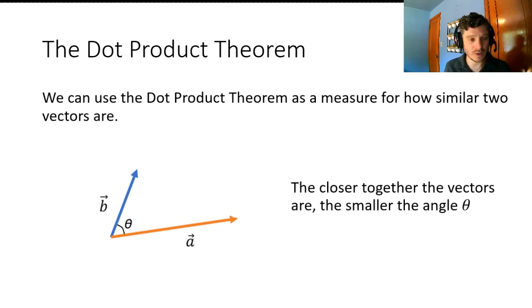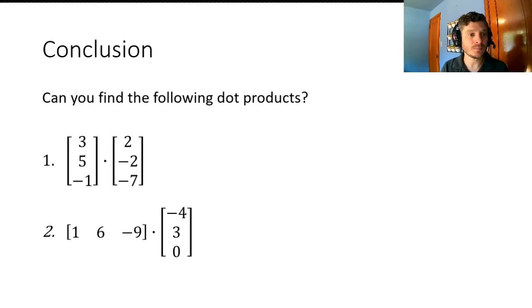And so, in this particular context, the closer together the two vectors are, the smaller the angle theta is. So the dot product gives us this really nice way of measuring how similar two different vectors are to each other.